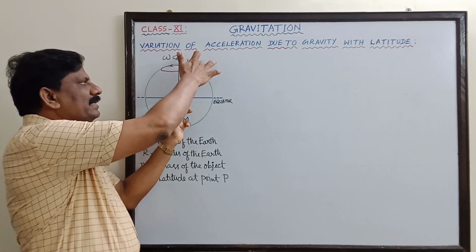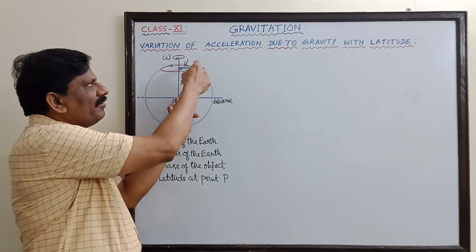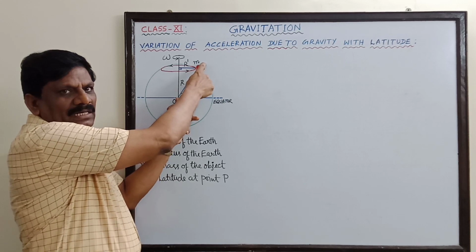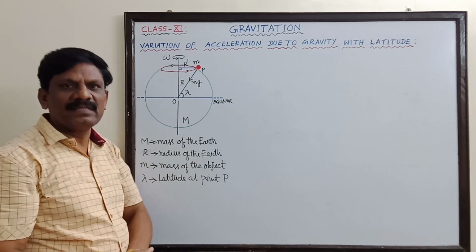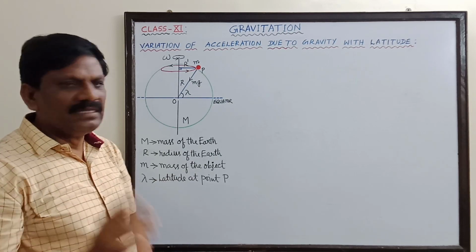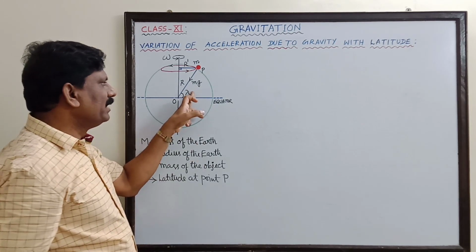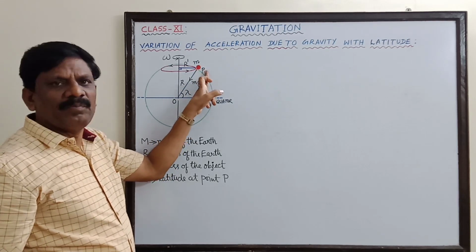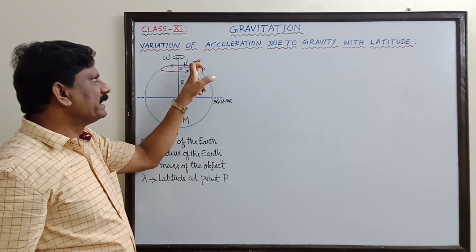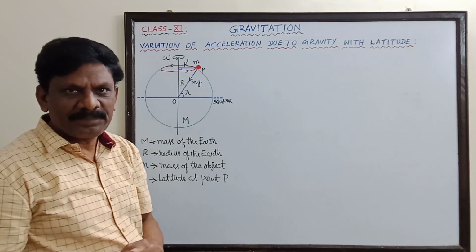This angle subtended by the radius vector of the point with respect to the equator is called the latitude. So in this picture, lambda is the latitude at the place or the point P where an object of mass m is placed.